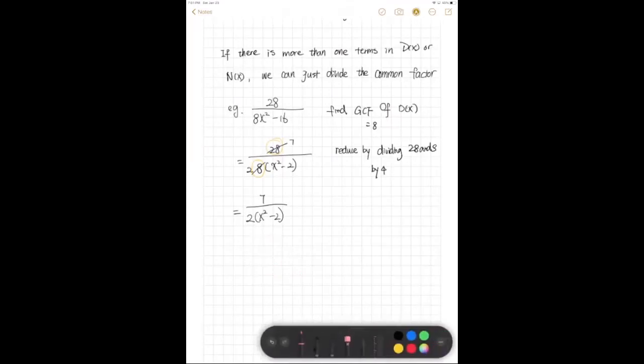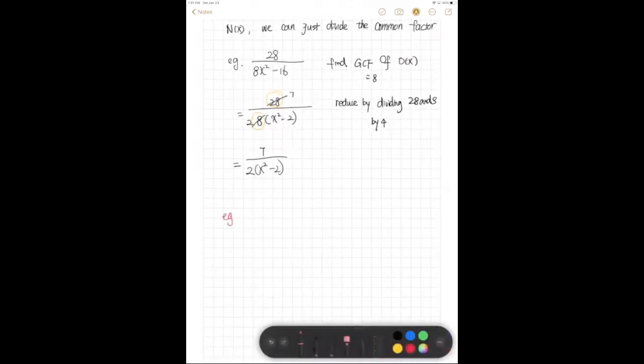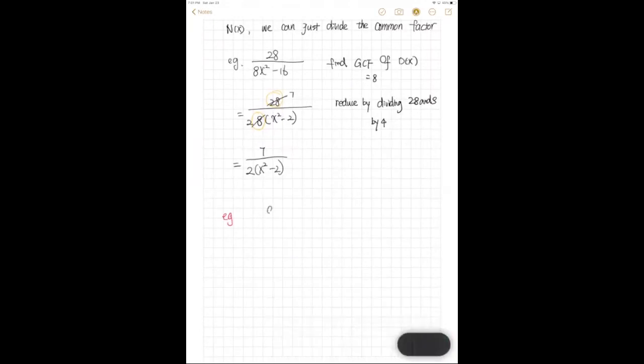So the best way to do it is you find the greatest common factor for the denominator or the numerator first. For example, this one. I have 9x minus 3 over 18x minus 6. So now you need to find the common factor of the denominator and the numerator.